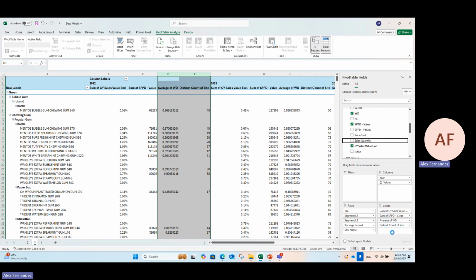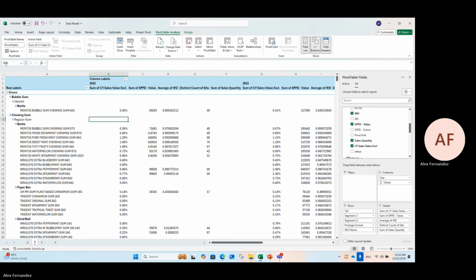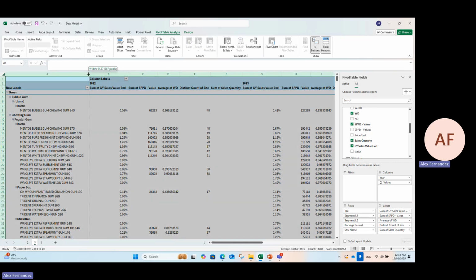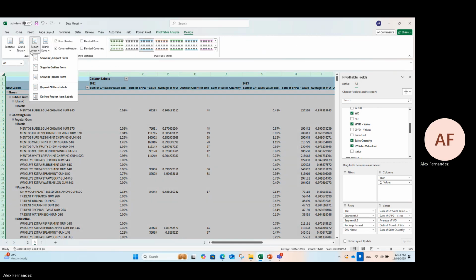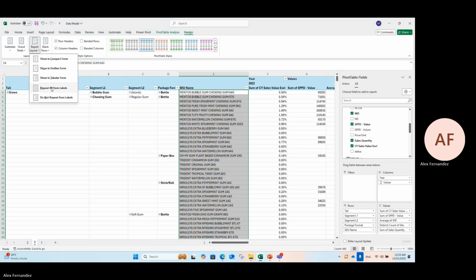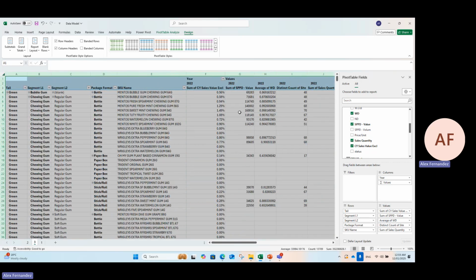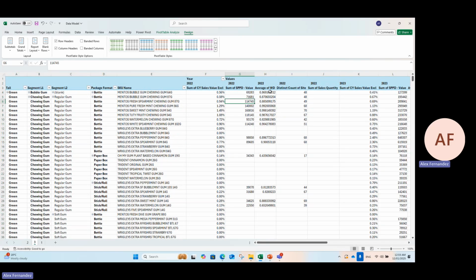Let's put it just in case there are someone. Let's see. And then we go to design, tabular format, report all items. Repeat all items.